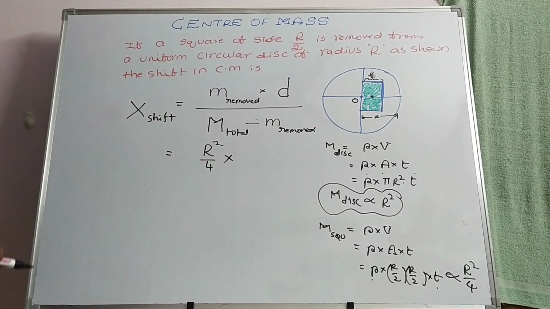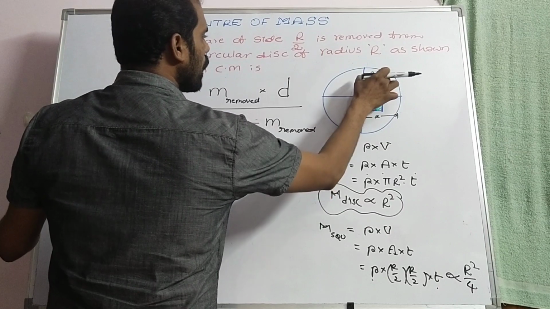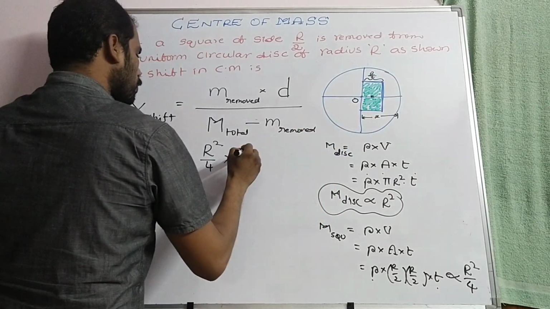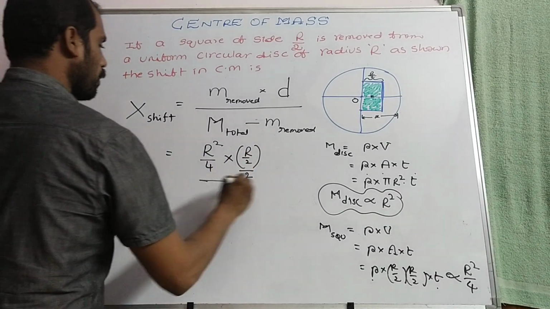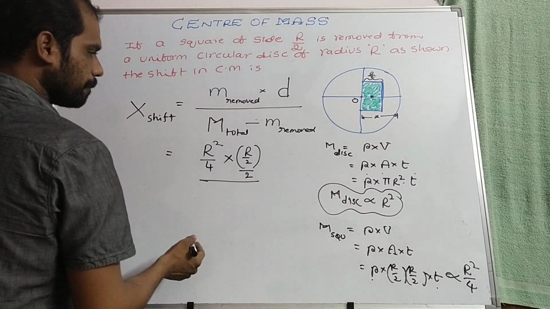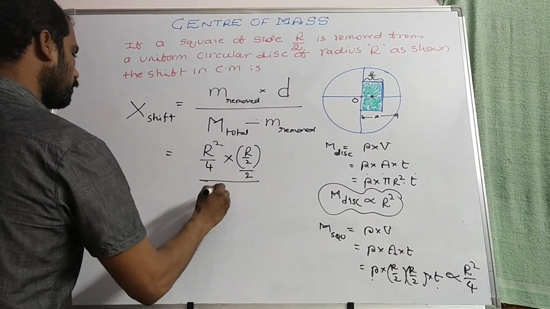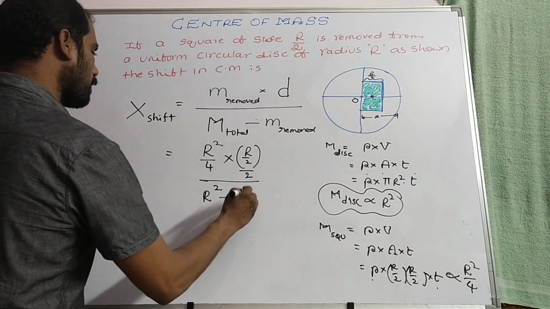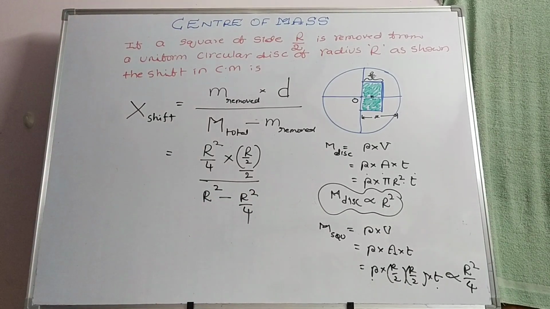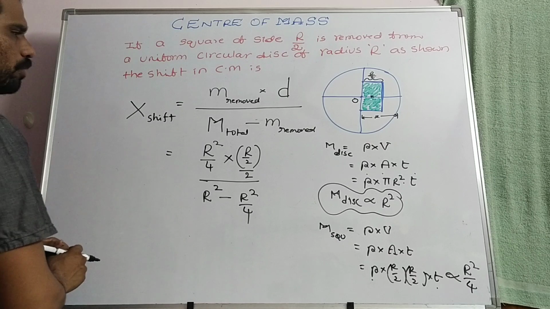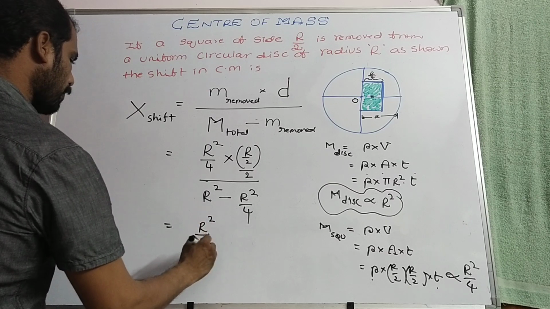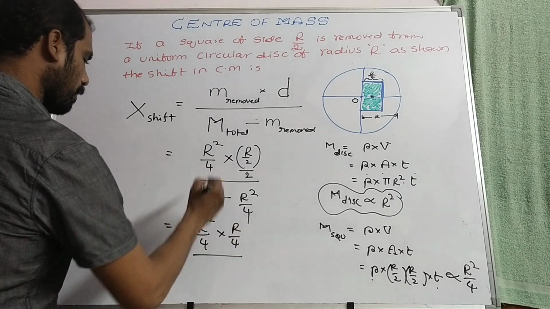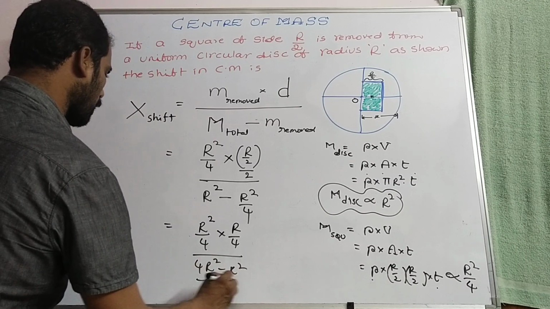What about the distance between those two? As it is r by 2, we have to write up to the center only. So r by 2 by 2, divided by total mass, which depends on r square, minus removed part, which depends on r square by 4. So r square by 4 into r by 4 over r square minus r square by 4.